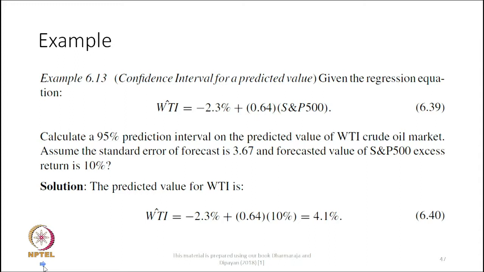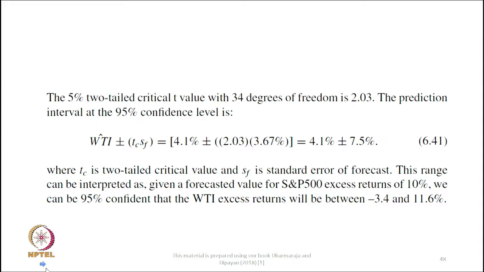The predicted value for WTI is going to be 4.1 percentage. Therefore, the 5 percentage two-tailed critical t value with 34 degrees of freedom is 2.03. Hence, the predicted interval at the 95 percentage confidence level is 4.1 percentage plus or minus 7.5 percentage after doing all the calculations.